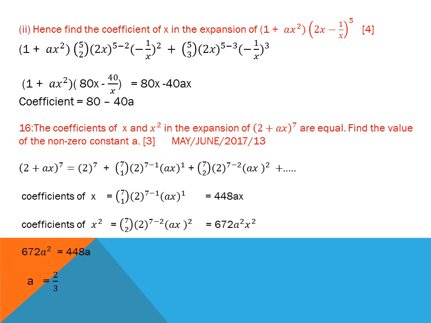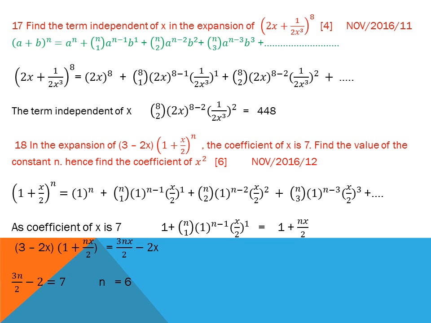I will find 448ax and then 7C2 2 power 7 minus 2, I will find 672a square x square. When I equate, because the coefficients of x and x square are equal, 672a square is equal to 448a, then a is equal to 2 by 3 here.